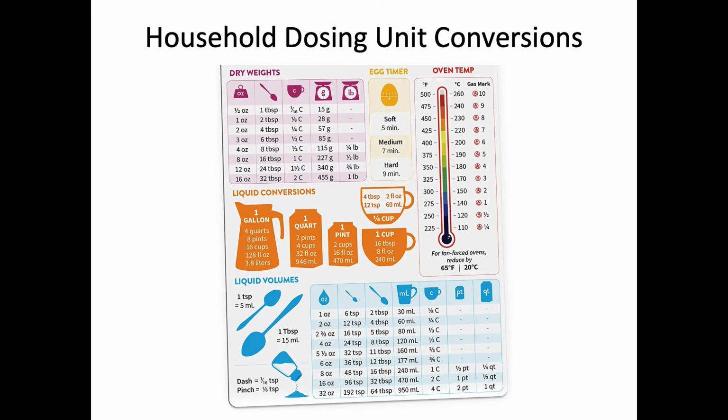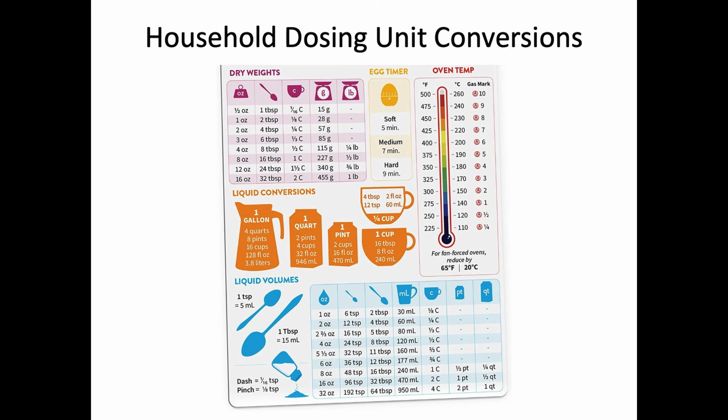Unfortunately, and I think confusingly, ounces are also a measure of liquid. They're called fluid ounces, and groupings of ounces can make pints and quarts and gallons. So all of those liquid conversions might need to be converted from those household measurements to milliliters or liters in some examples.